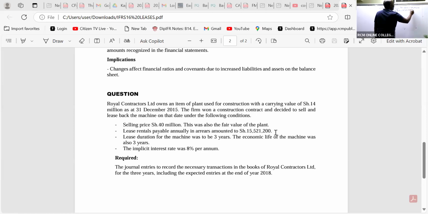And remember, this is per annum. This lease rental will be paid for how many years? Remember, this is a lease for 3 years. So the number of years is 3.